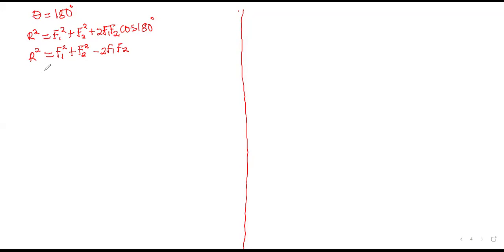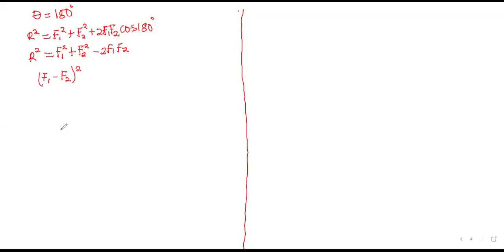Can somebody give me an expression which will be equal to f1 squared plus f2 squared minus 2 times f1 times f2? If you are not figuring that out, I want you to help me expand f1 minus f2 all squared.